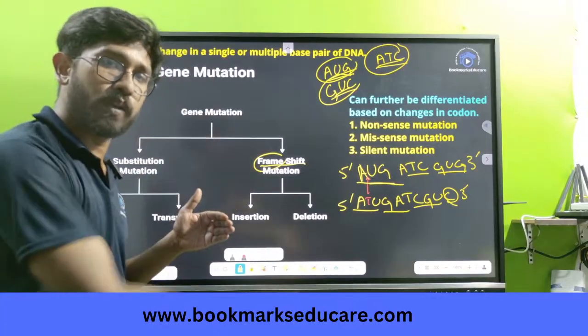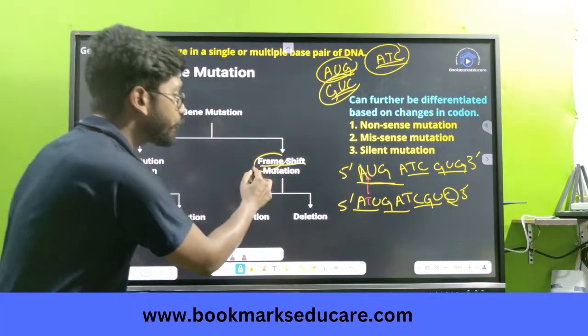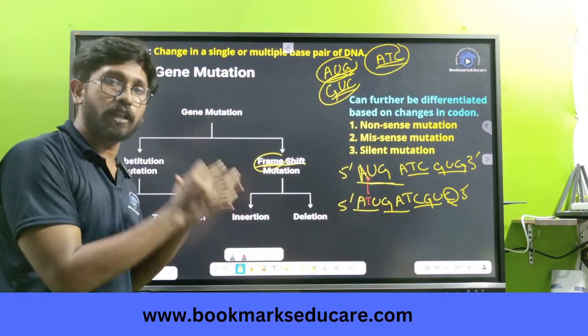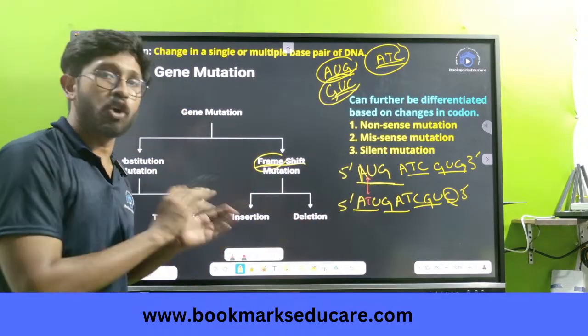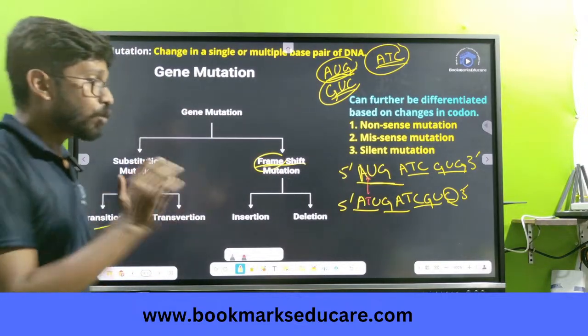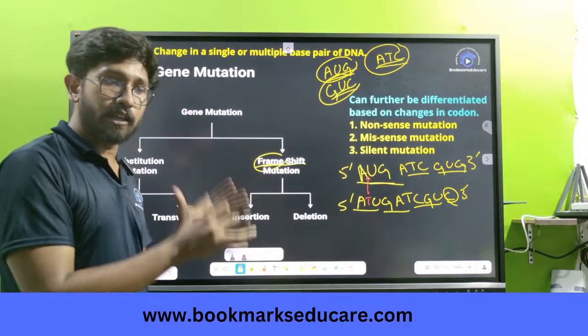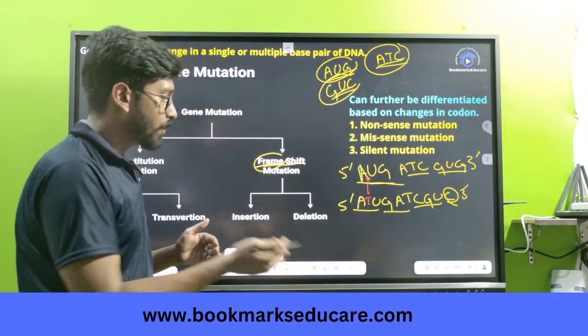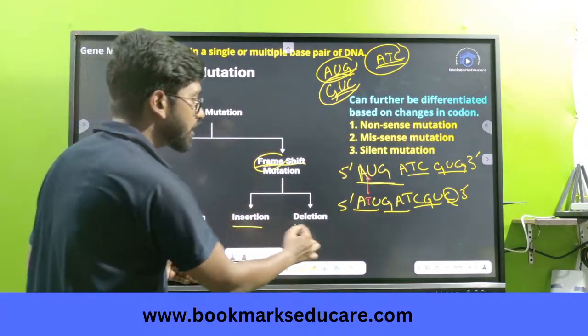So the codon sequence changed. So the protein sequence changed. That is why we call it frame shift. The reading frame of the codon itself is changing. Not only did a substitution happen inside the codon, no, the codon's reading frame itself is changing. Okay, it can be insertion or deletion.